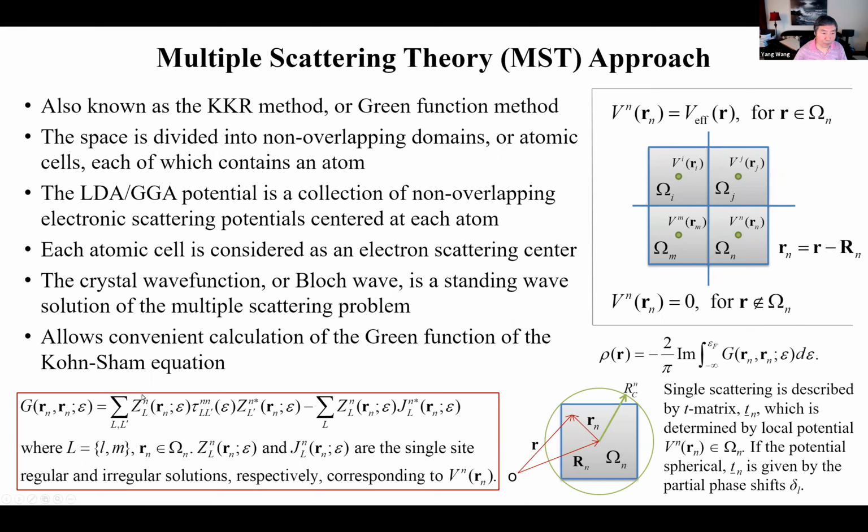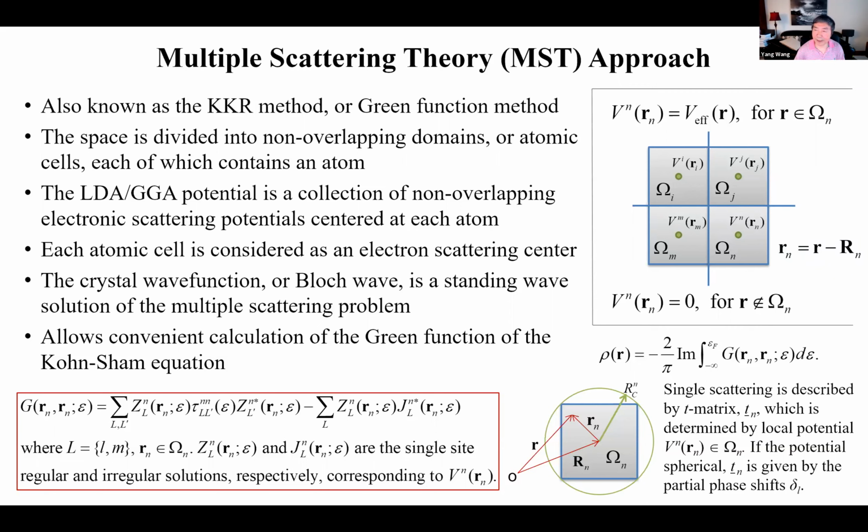So having the Green's function, we can calculate the charge density. For the whole Kohn-Sham equation, the goal is to find this rho, right? That's what we want. You can either solve it by solving for the wave function, or you calculate it by taking this Green's function. Either approach will work. But this whole theory is exact, compared to a pseudopotential approach or FLAPW like Wien2k. Wien2k is an approximation.